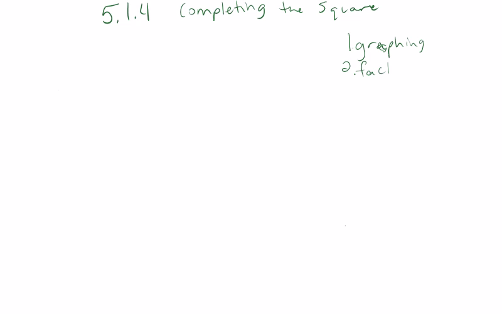Factoring. So there's different ones. This is called completing the square. We're going to look at a couple other ones. So you want to use the right solving method for the problem that you're given.